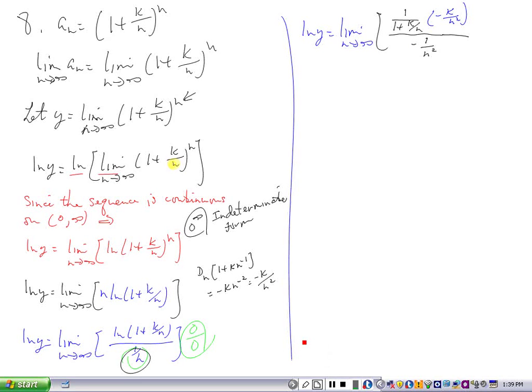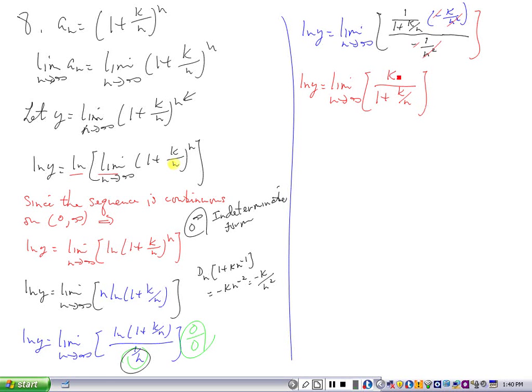We'll look at the things that cancel out. The negative signs will cancel. The n squares will cancel. So I have the natural log of y is equal to the limit as n goes to infinity of k all over 1 plus k over n. Now take the limit.